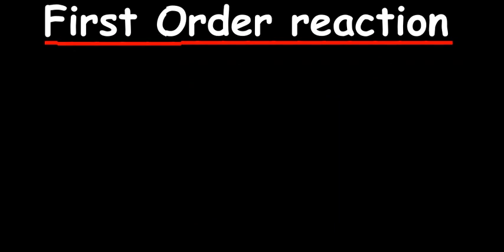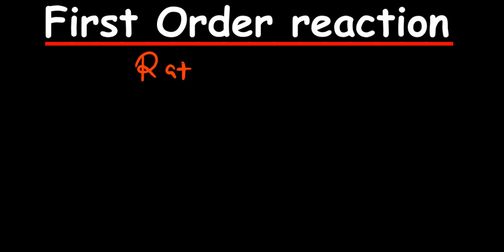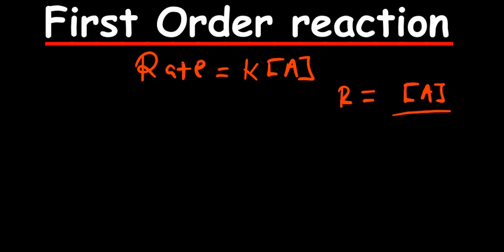Let's come to a first order reaction. For first order, we said the rate involves just A alone, so it is going to be K multiplied by the concentration of A, since you only have a single reactant. We've said the rate should not be negative, so I'm putting a negative in advance.